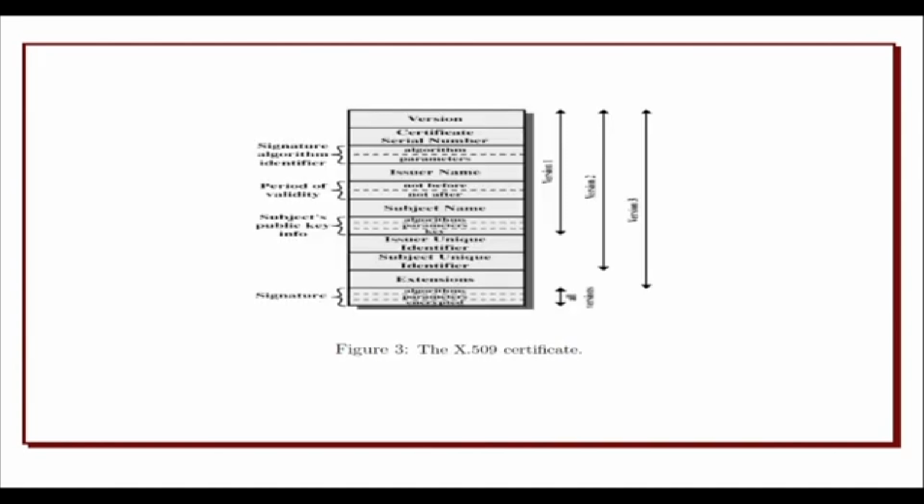So, these are the fields: the version, certificate serial number, the signature algorithm we are using, whether RSA signature or ElGamal signature, which should be mentioned there, issuer name, period of validity, and the public key of the participant. This is called the X509 certificate standard.